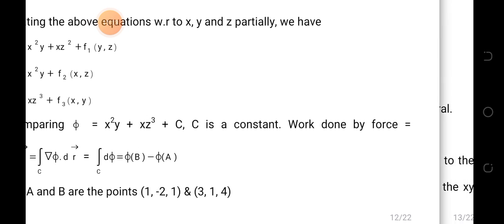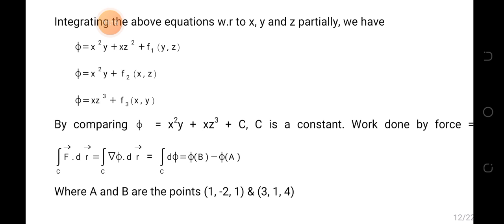Work done by the force equals the integral over c of f vector dot dr vector. We already know that if the points are given, as we have discussed already, the integral over c of d phi equals phi of b minus phi of a. So using that we can apply it.